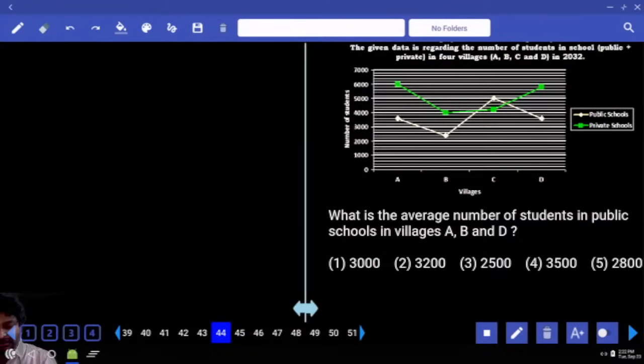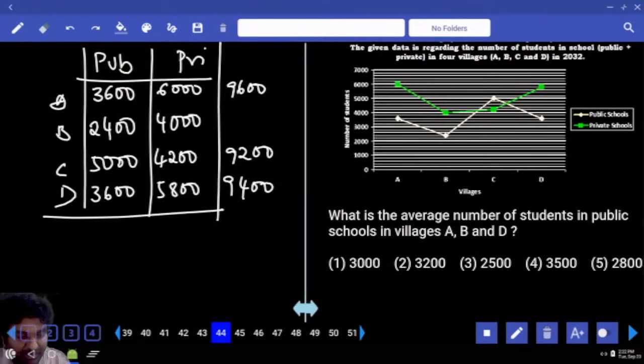What is the average number of students in public schools in A, B, D? Public, ABD. We don't need C. Avuna? Right. When you look at options close to 3,000, matladali. First number is how much more than 3,000. Second number is how much less than 3,000. More and less adjusted, right?